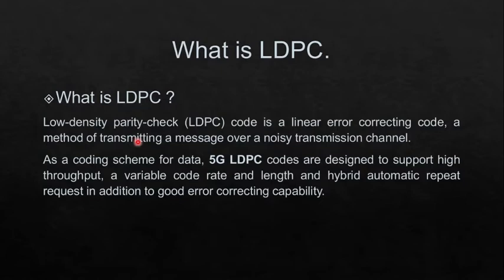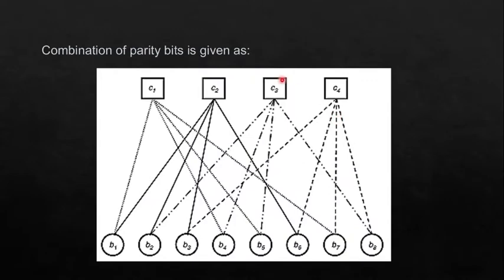Similarly, LDPC code is also one of the most used error correcting codes. Now we will see why we use LDPC. LDPC is one of the most commonly used in 5G. We will see why we are using LDPC instead of Hamming or any other codes. For example, let's take Hamming.